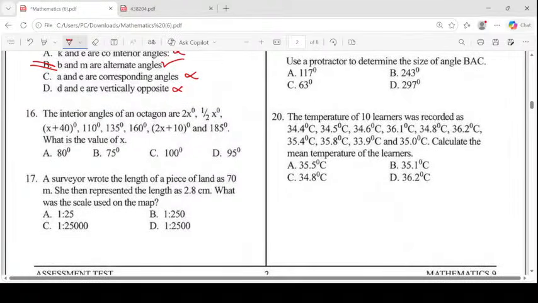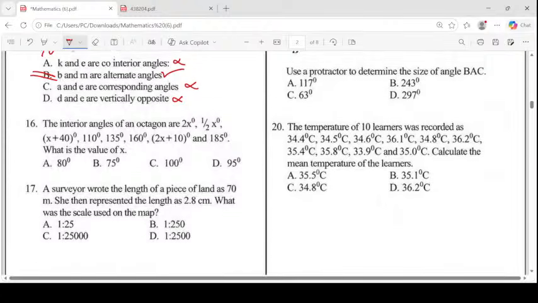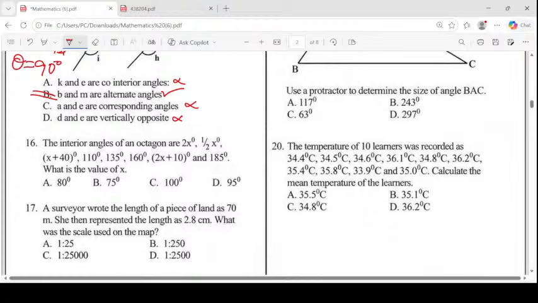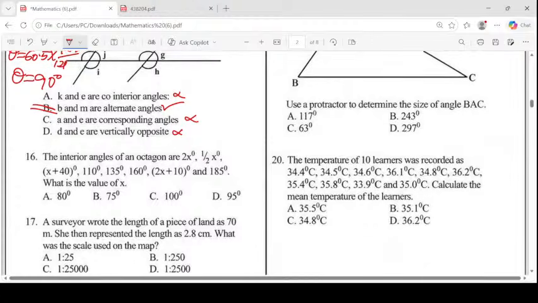Question 16. The interior angles of an octagon are this, and this. What is the value of x? Let us see. Remember that an octagon has got 8 sides. I want to get the size of one exterior angle.